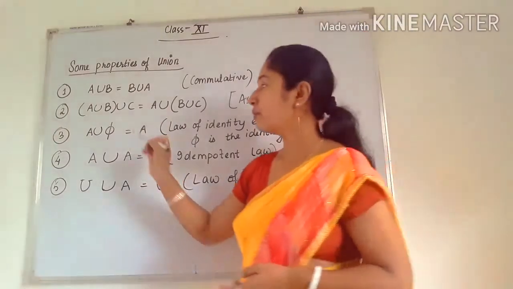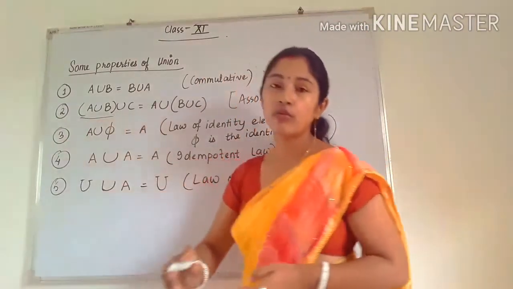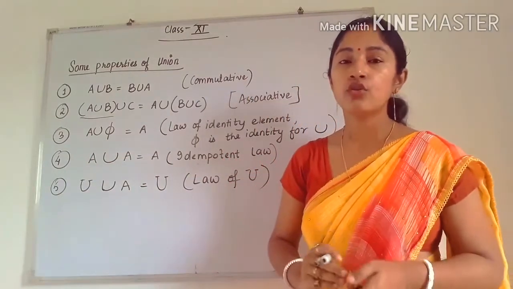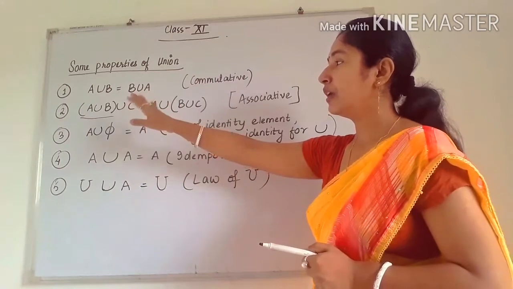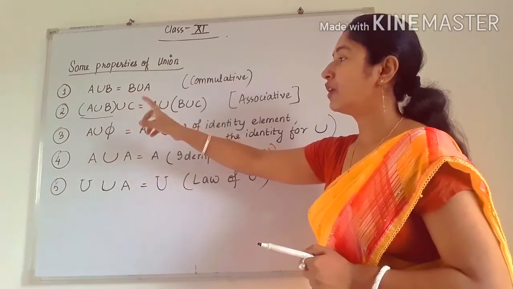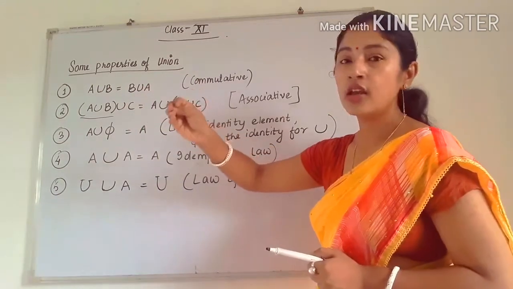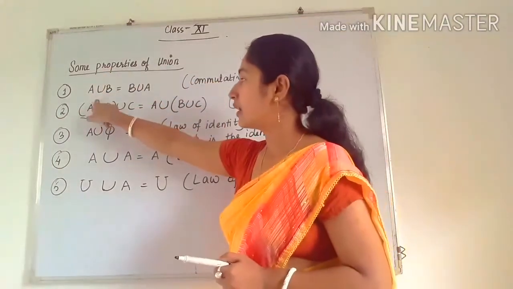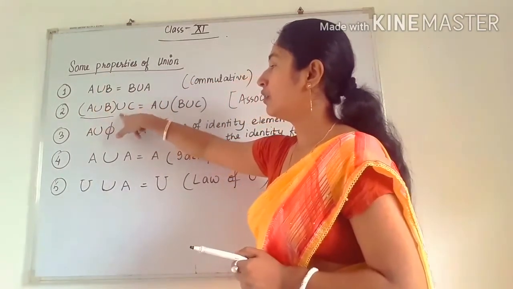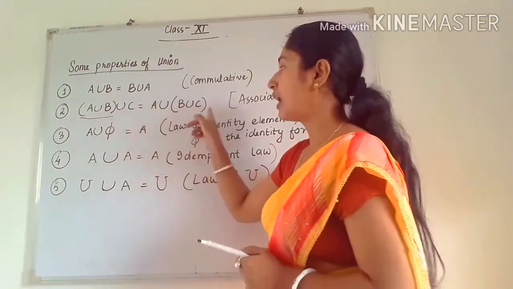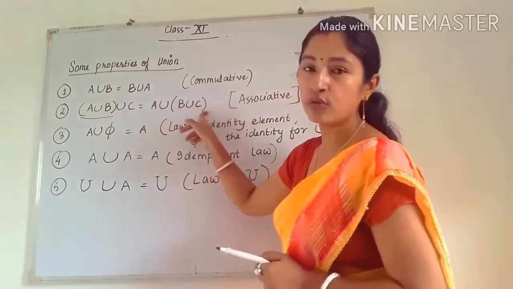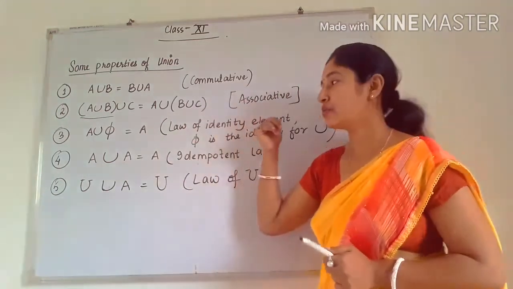You already know that you have to solve the bracket first. So first we will solve A union B on the left hand side, and call that set D, and then do the union of D with C. Similarly on the right hand side, you have to do the same. So this law is called associative.